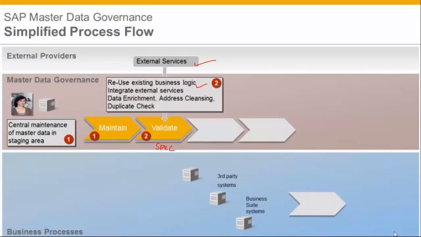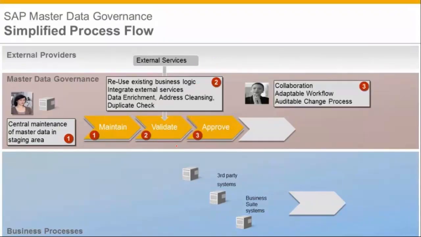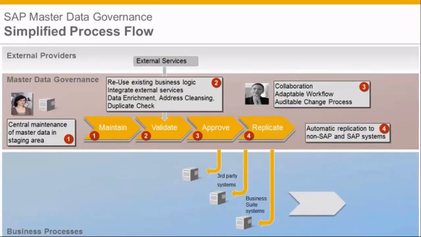Once he has validated that the information is correct, he'll finalize the data and send it for approval. Now, the approval department will collaborate with the various stakeholders in the business, and if required, they'll replicate the data automatically to my SAP or third-party systems. On approval, they replicate the data.